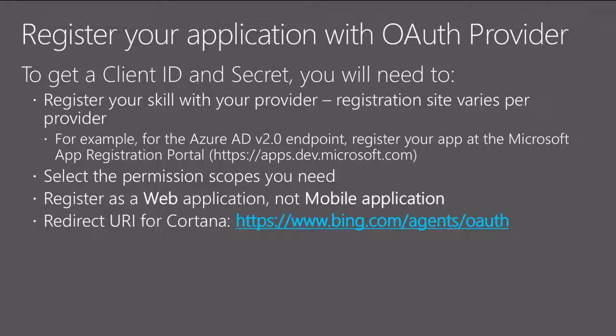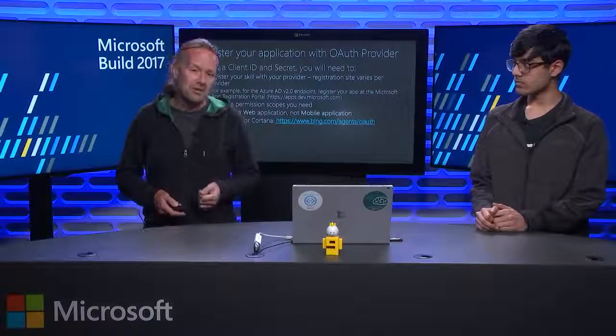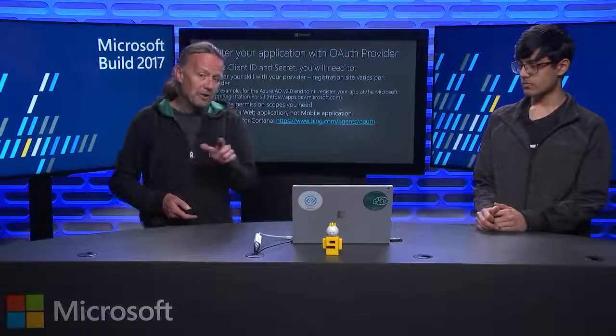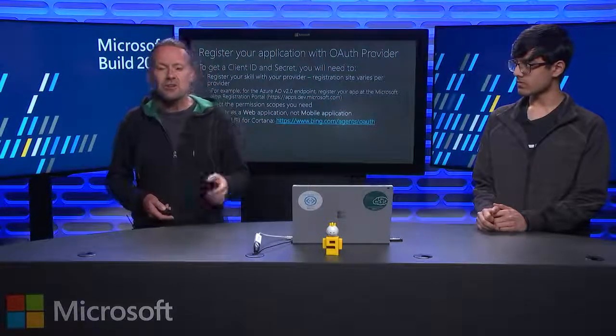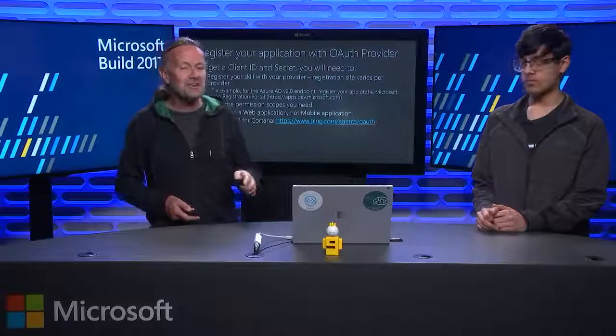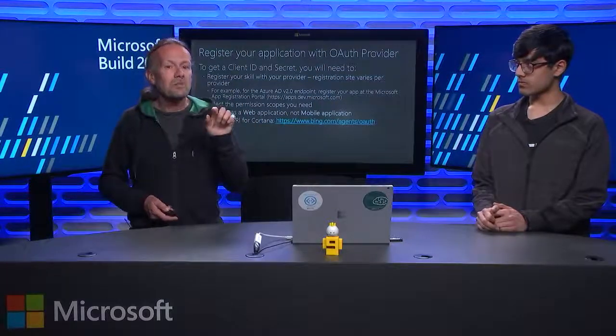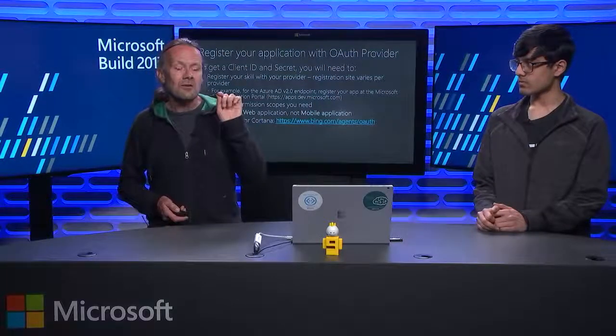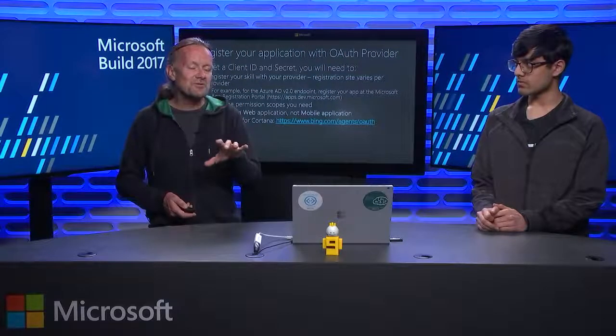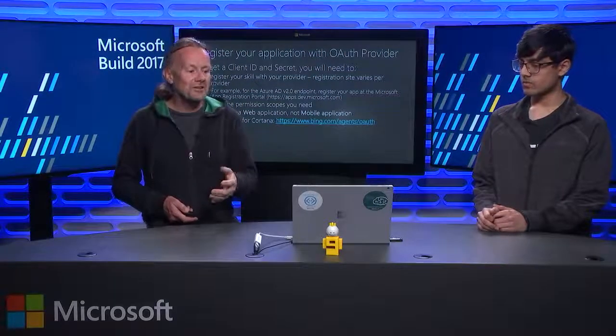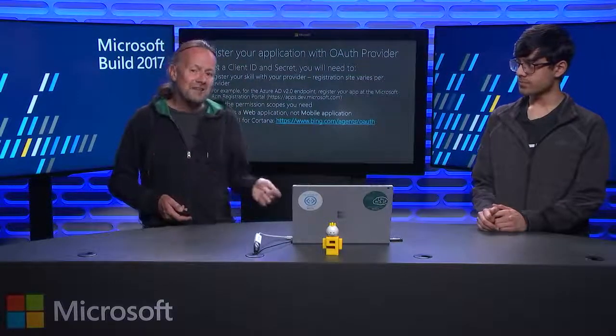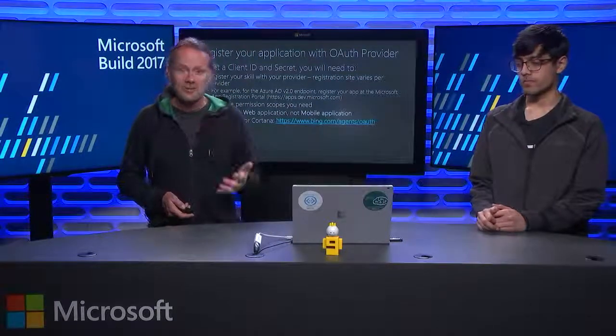Now, typically, most of these sites give you a choice between saying, is your application a web application or a mobile application? In the case of a Cortana connected account, you're talking about a web application. And for all of them in OAuth 2, you will need to register a redirect URI. So this is when the authorized endpoint, when the credentials have been checked and the user has signed in, needs to know where to send back the authorization token.